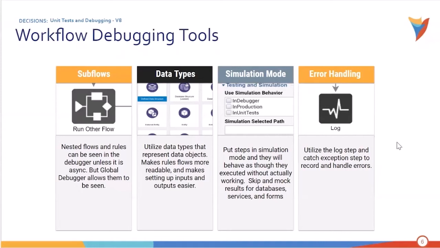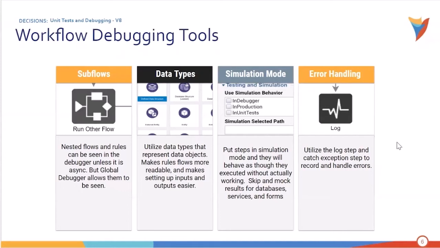In that case, working in simulation mode allows us to take sample data from the third-party APIs and simulate the behavior coming out for further testing. Simulation mode allows us to skip and mock results for database services and forms.